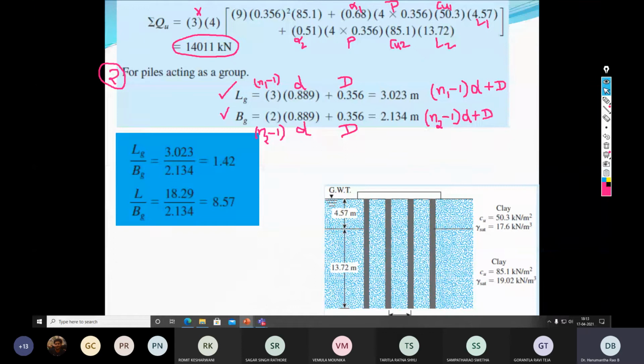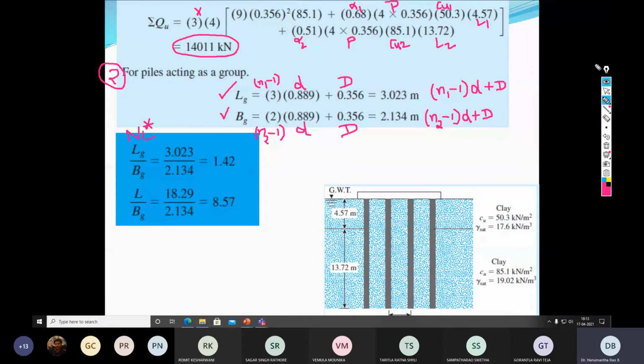Now, since we are considering it as a block, we need to pick up the value of NC star. For calculating the NC star, you need to calculate LG by BG and L by BG.